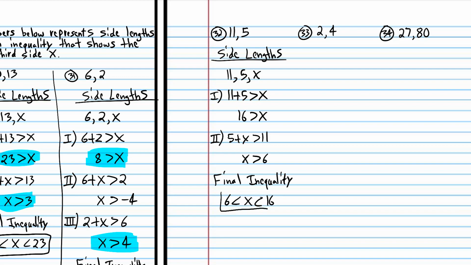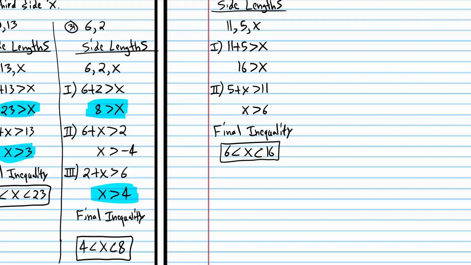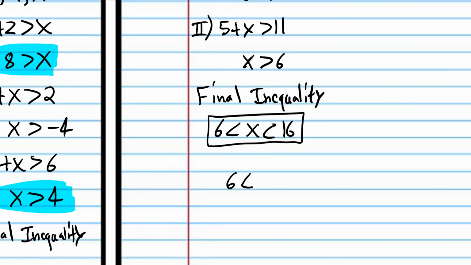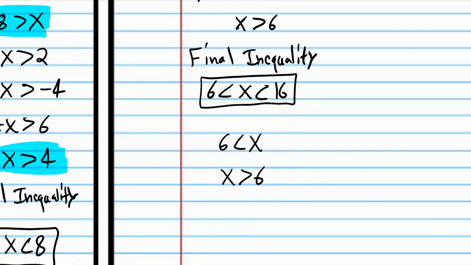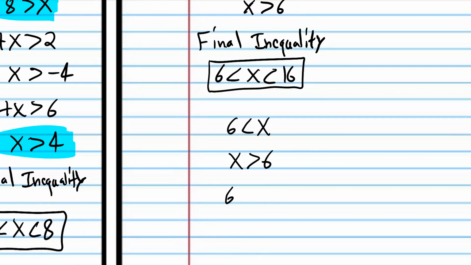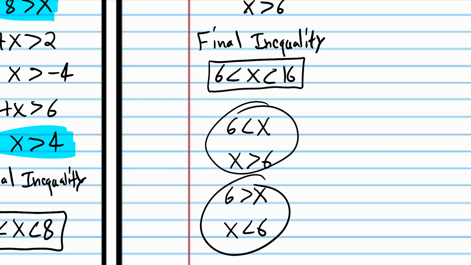If you change the direction of the inequality, for example, I can say 6 is less than x, or I can say x is greater than 6. These are both the same. But if I say 6 is greater than x, or x is less than 6, these are not the same as these. So it can be really confusing based on what the order is.